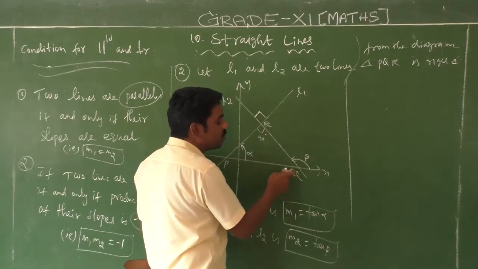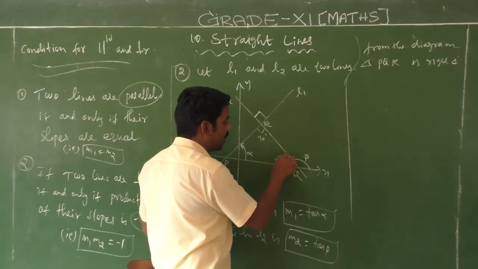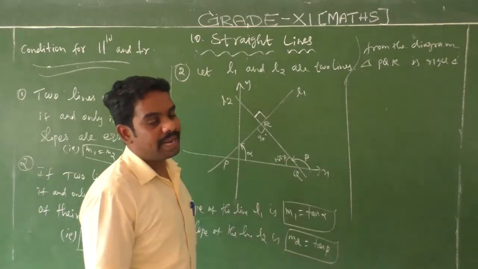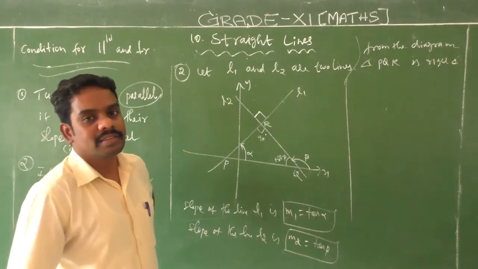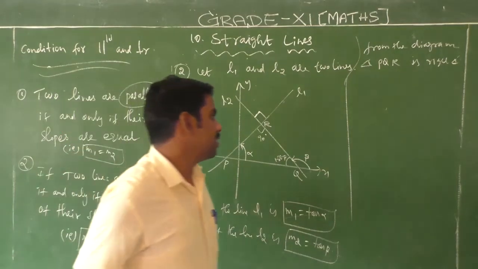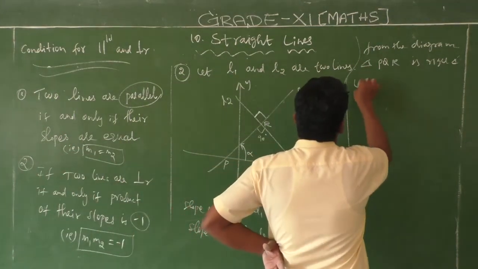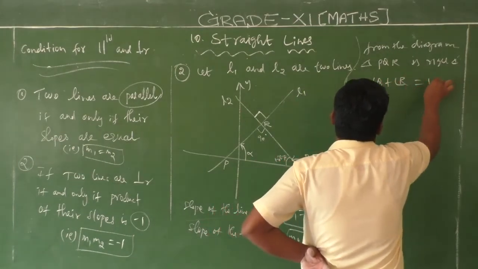And angle Q is 180 minus beta. You know that the sum of interior angles of a triangle is equal to 180 degrees. That is angle P plus angle Q plus angle R is equal to 180 degrees.